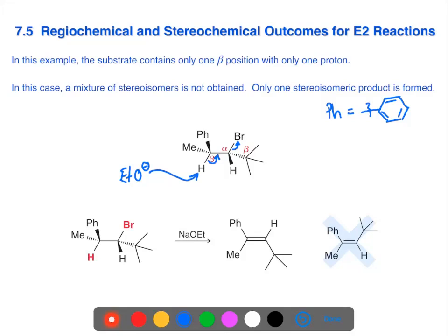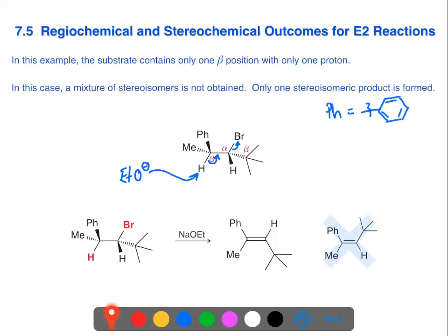Now what's important in this reaction is that the hydrogen that's deprotonated by the base and the leaving group, the bromo group here, are 180 degrees away from one another, and they're in the same plane. And so the way the structure is drawn, this carbon-hydrogen bond, carbon-carbon bond, carbon-bromine bond, they're all in the plane. Okay, they're all what we call coplanar.